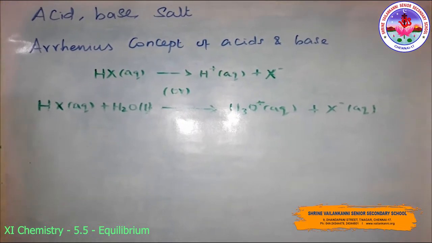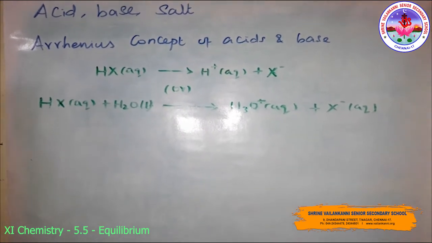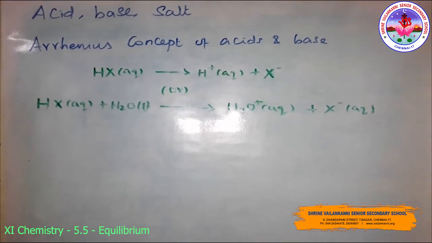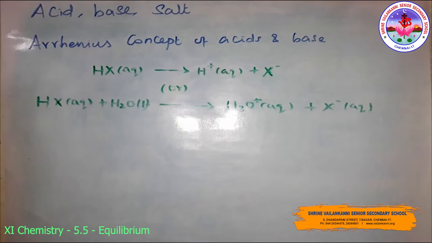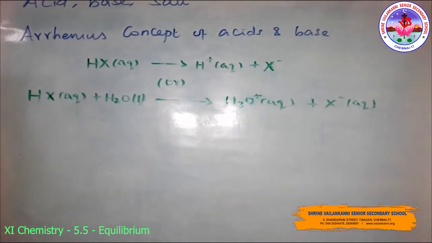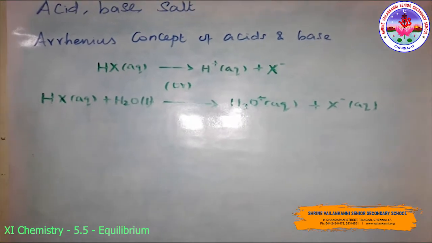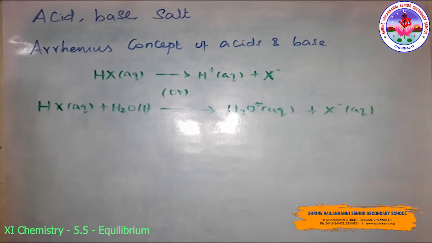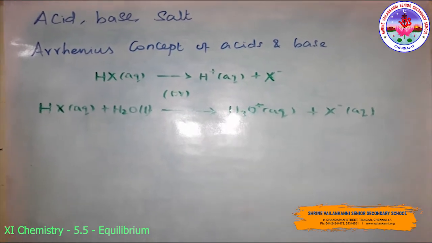And bases are bitter in taste, like sodium hydroxide and calcium hydroxide. Then salts, like sodium chloride and potassium chloride. So these are the salts. Generally they have positive and negative charges, and there is an electrostatic force of attraction between them.